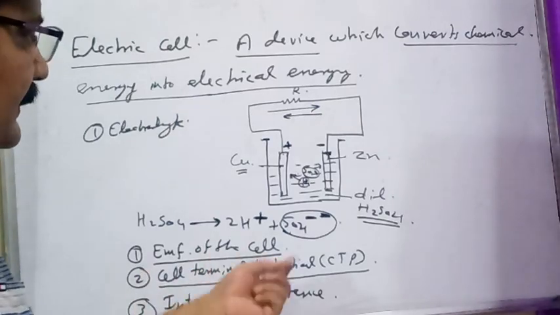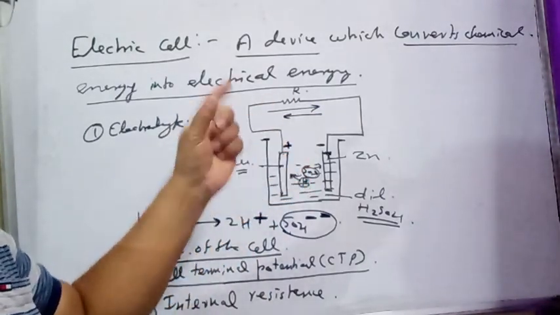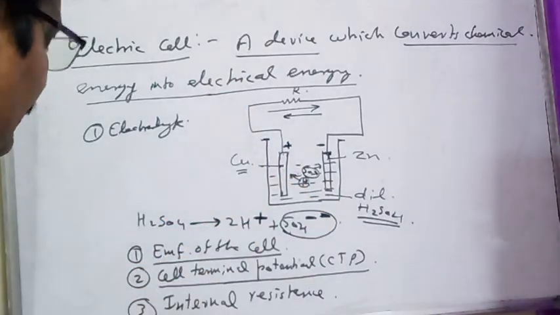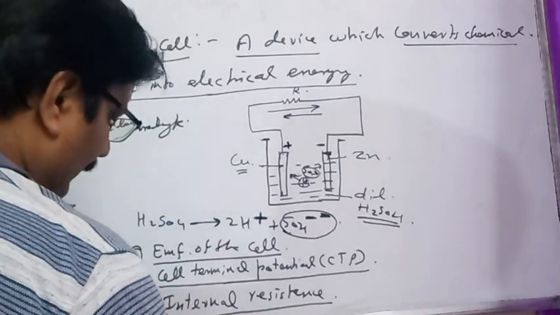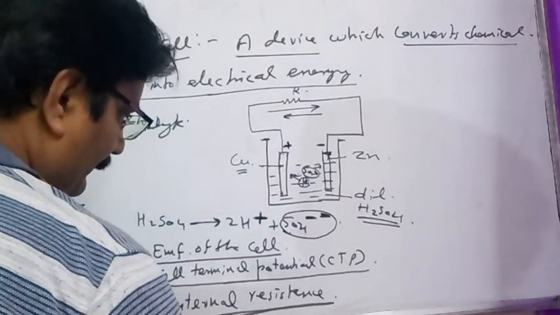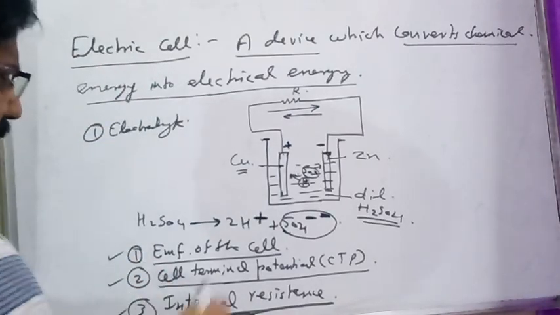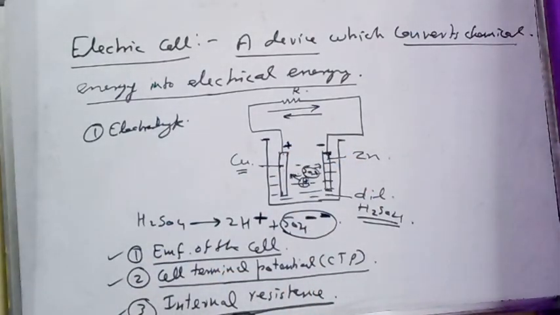But cell terminal potential is the potential difference between the terminals of the cell when the cell is in closed circuit, or current is being drawn from the cell. And third is the internal resistance of the cell. So these three properties characterize an electric cell.